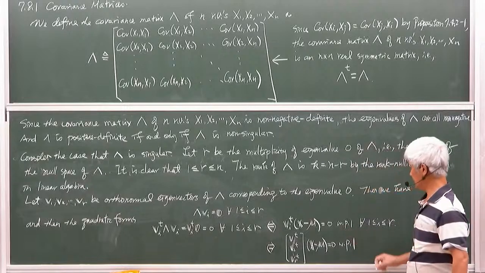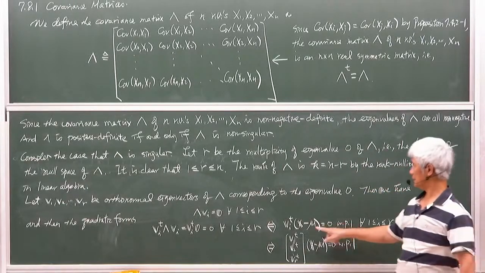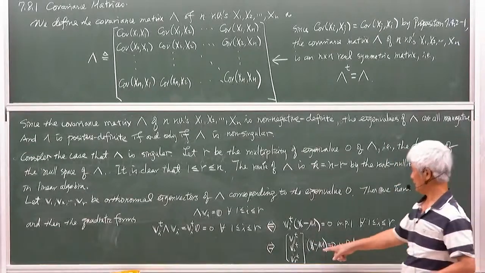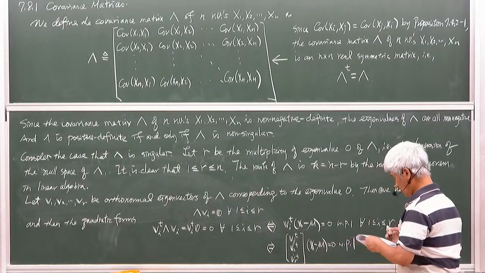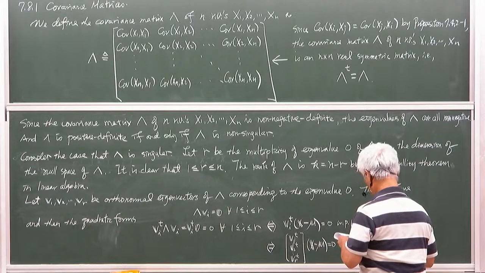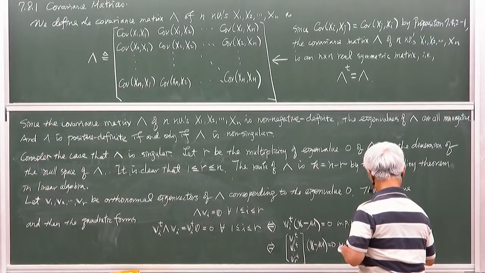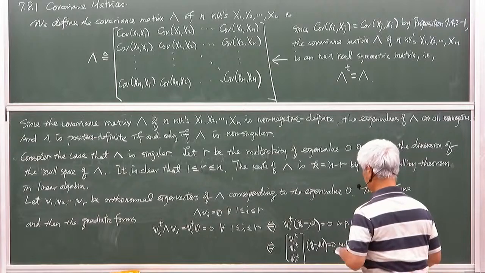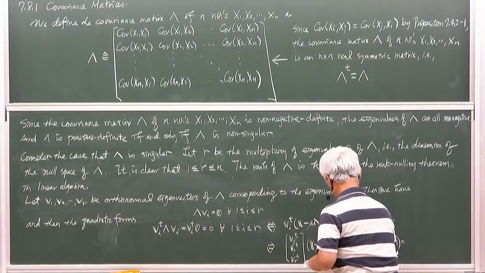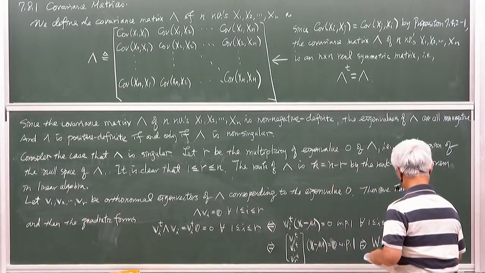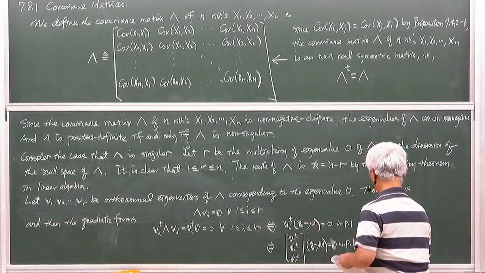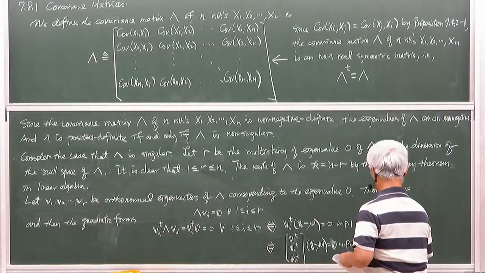Okay, so we collect r equations. It comes to a matrix equation here. Okay, and we call this W, so W(X minus mu) equals the 0 vector, sorry, this is the 0 vector here. And the W matrix is an r times n matrix.